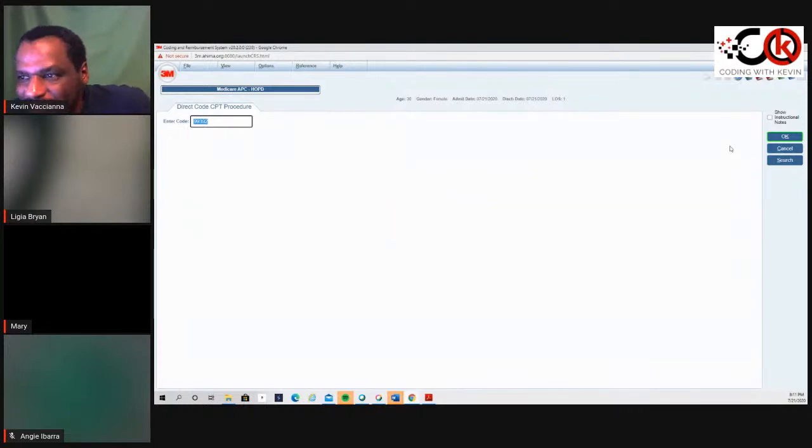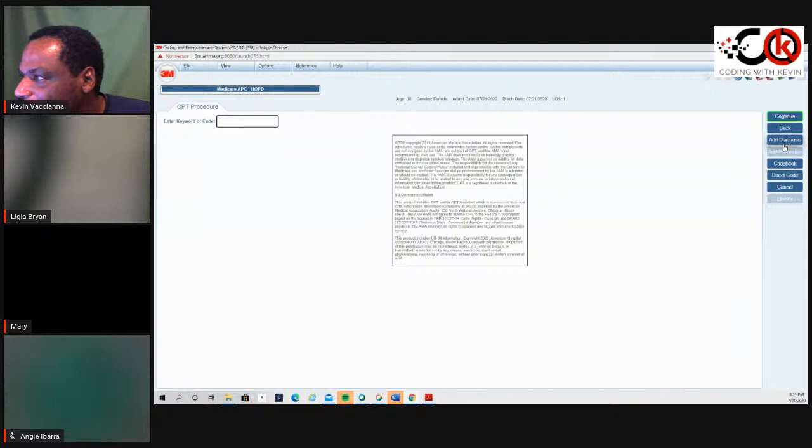Here's another thing. It is possible this encoder is reading it a different way, because the majority of the time you don't code E&M on the facility side. It's rare.